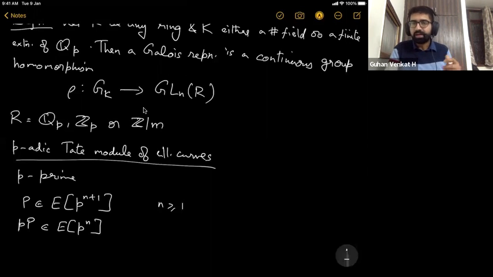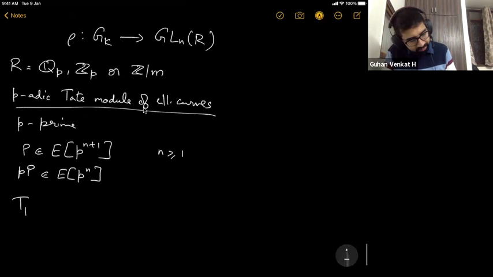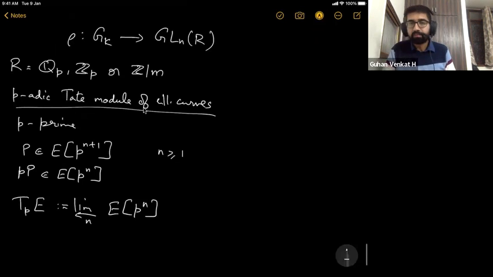So multiplication by p sort of gives a nice system of morphisms between these subgroups. So I can look at its inverse limit, which I'll call T_p(E). So it's the inverse limit of p^n torsion points, where the inverse limit is with respect to multiplication by p.